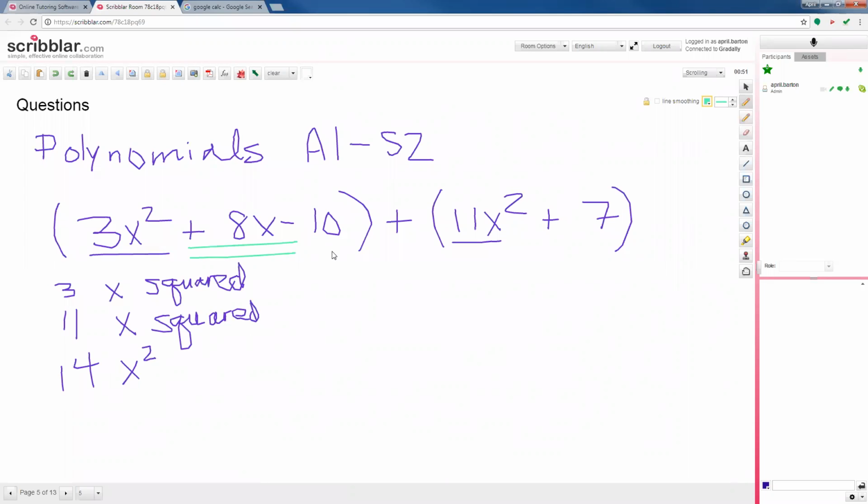What about our 8x? What like term do we have for 8x? And it is kind of a trick question.